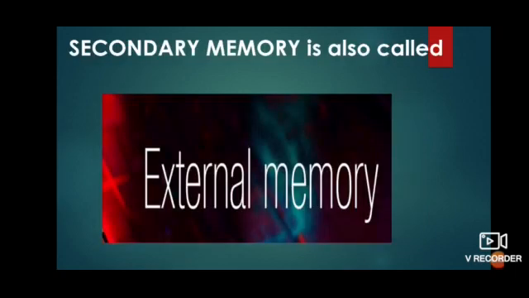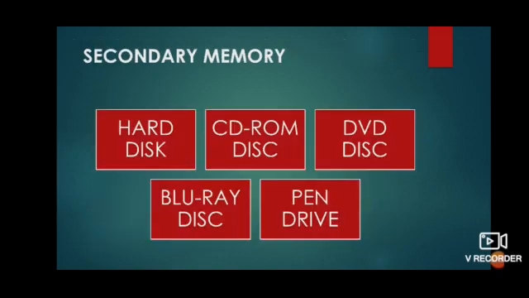Secondary memory is also called external memory. Primary memory is also called internal memory and secondary memory is also called external memory. Some examples of secondary storage devices are hard disk, CD-ROM, DVD, Blu-ray disc and pen drive.